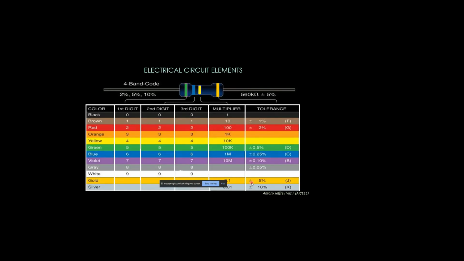So this variation should be represented in the resistance. The last band is used to represent the maximum variation that a resistance can have. So here we have 5% tolerance, so this resistance can have 560 kilo ohm plus or minus 5%.